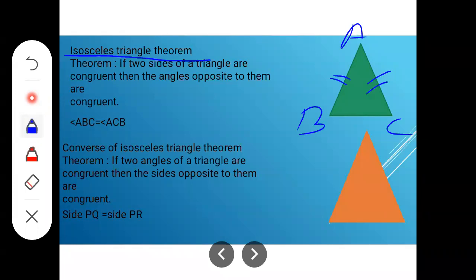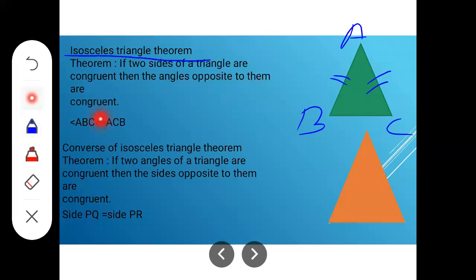Then what is the statement given? That the angles opposite to them, meaning the congruent sides, are also congruent.